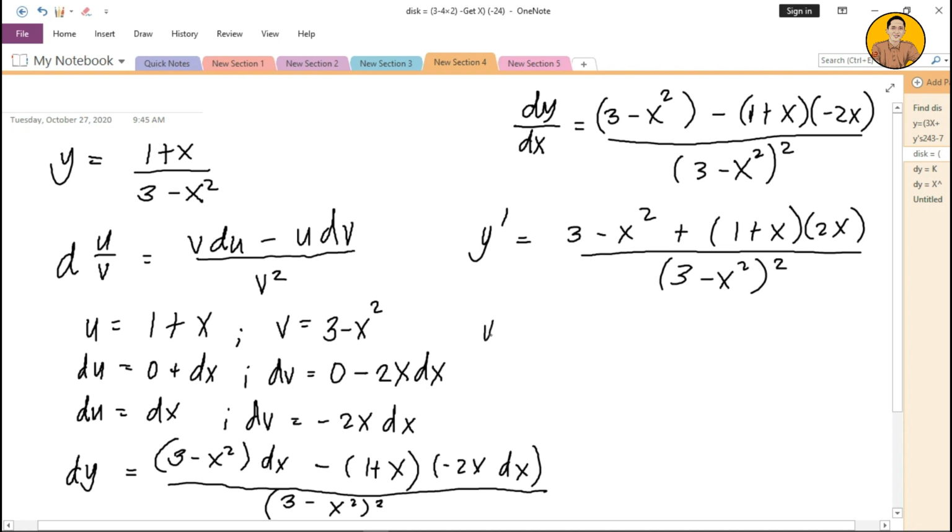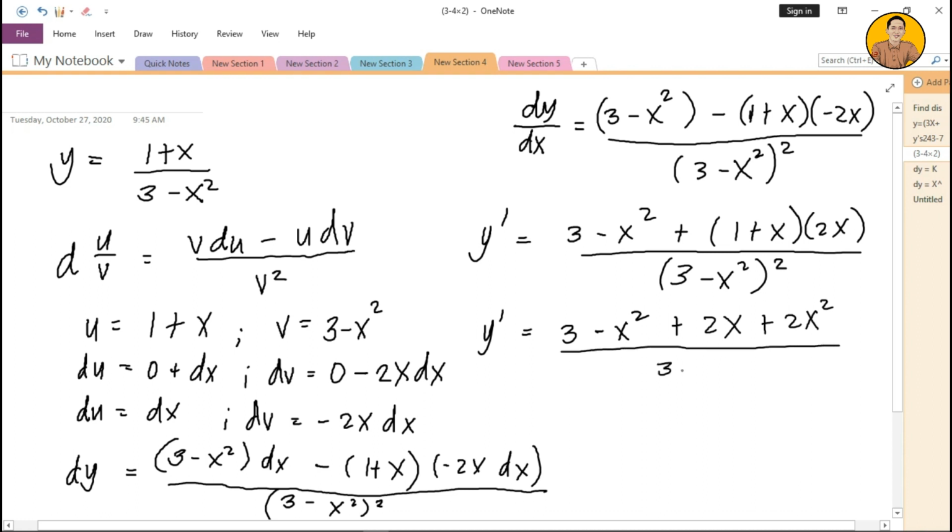So y prime equals, we have here 3 minus x squared. So this is 2x times 1. So this is positive 2x. So here, this is 2x times x. So this is positive 2x squared. So this is all over 3 minus x squared, the quantity squared. So let's simplify the numerator.